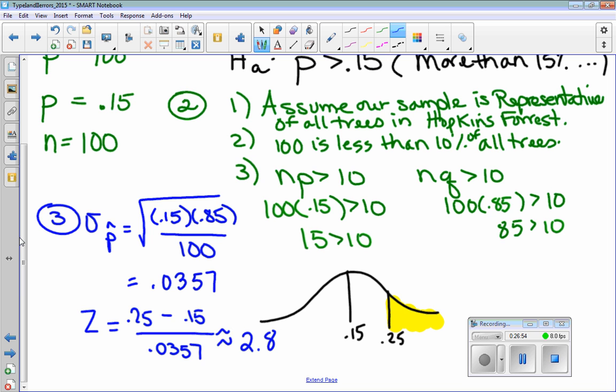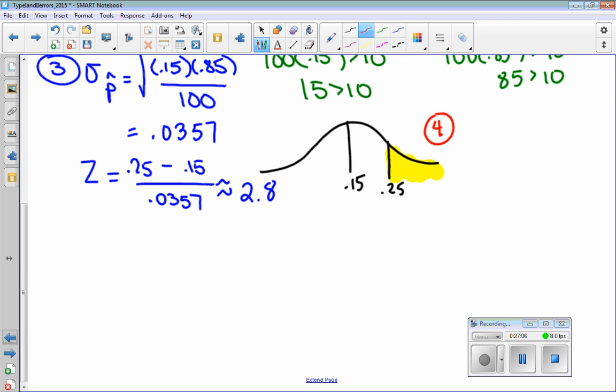All right, what's my fourth step? Nathan, what's my fourth step? Okay, and how do I do that? So we're going to find our p-value. So I have my curve here to use, so let's do it. So normal CDF, and what do I type in? Some large number off to the right.